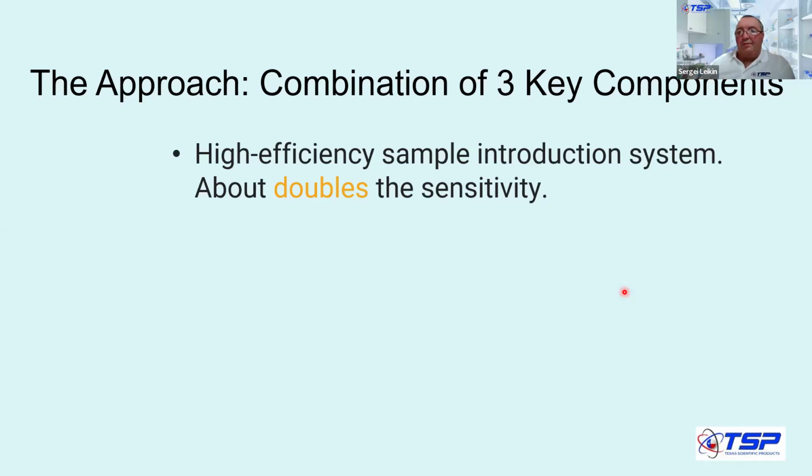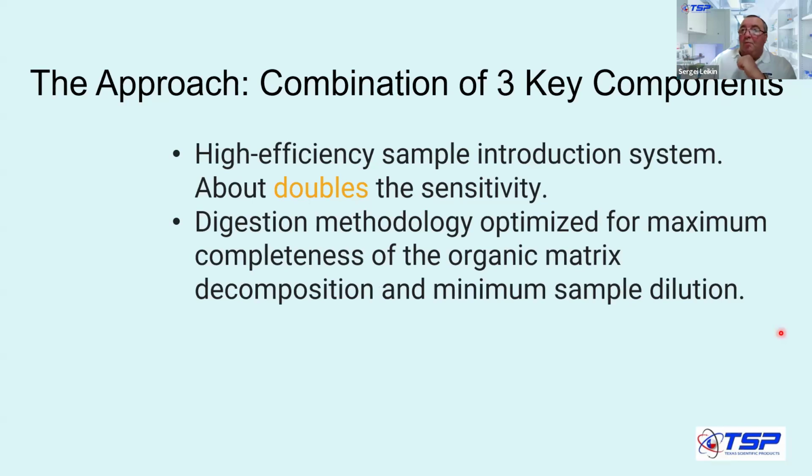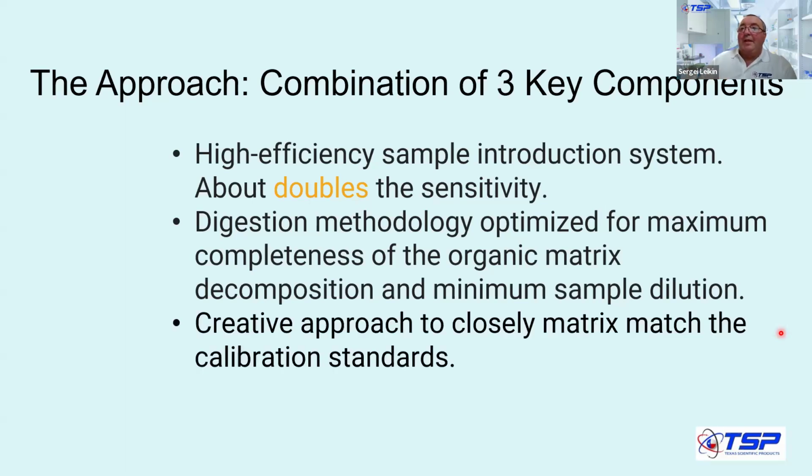First, sample reduction with very high efficiency that doubles the sensitivity. The second component is tuning the digestion methodology for two things: increasing the completeness of digestion by bringing the temperature up, and minimizing the dilution factor. And then on top of it, we had to come up with an approach to closely match the calibration standards.